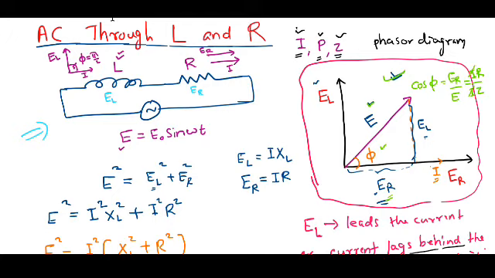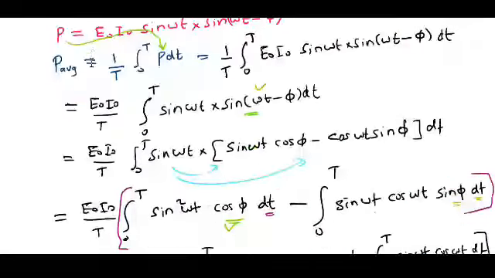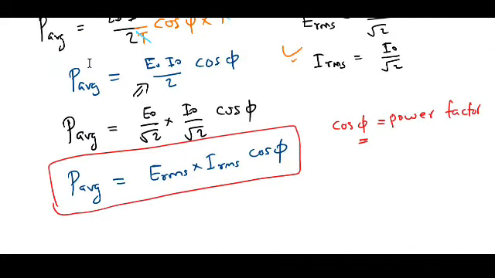This cos phi is nothing but R by Z. Fine. That is, we can write this cos phi in the LR circuit is R by Z.